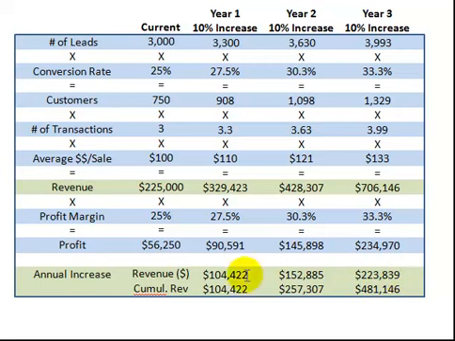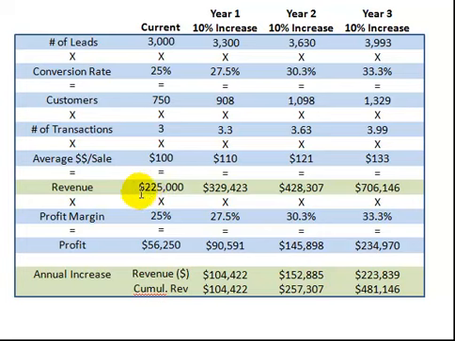The cumulative revenue then has gone up $104,000. That's the difference between $329 and $225. The next year, it's gone up $257,000. That's the difference between $428 and $225. And then on the third year, it's gone up $481,000 in additional revenue. That's the difference between $706 and $225.